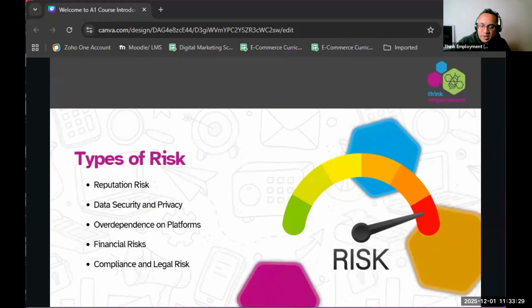So we could have reputation risk. It could be certain content you created that is taken in the wrong context. People are talking about you about something that you didn't intend, and it's impacting your reputation. You might have to go on a video and talk about it, or do something else to lower the risk. Then there's data security and privacy risk. Over dependence on platforms, like I did.